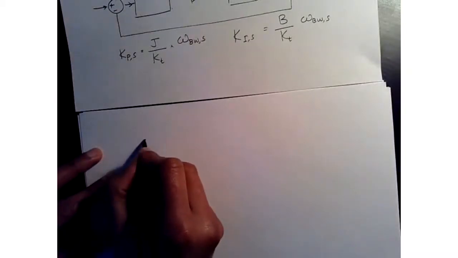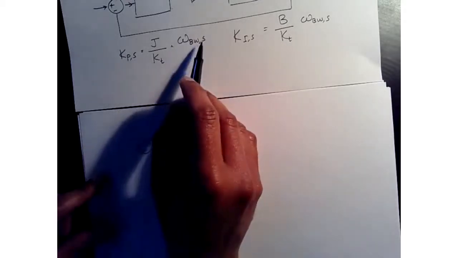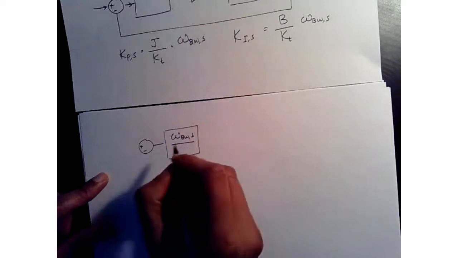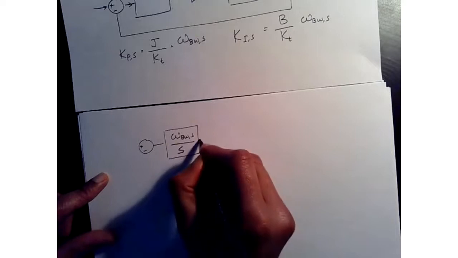Now let's see what we get once we design our controller. Of course, like before, we'll simplify this to begin with. We have a common term, omega bandwidth S, and then we have 1 over S, so we can factor that term out.